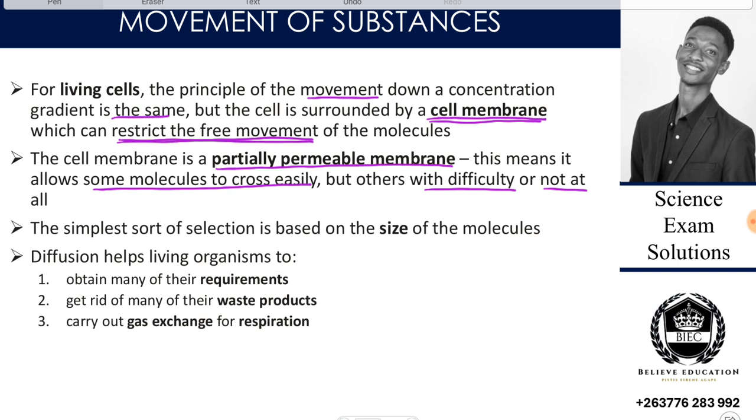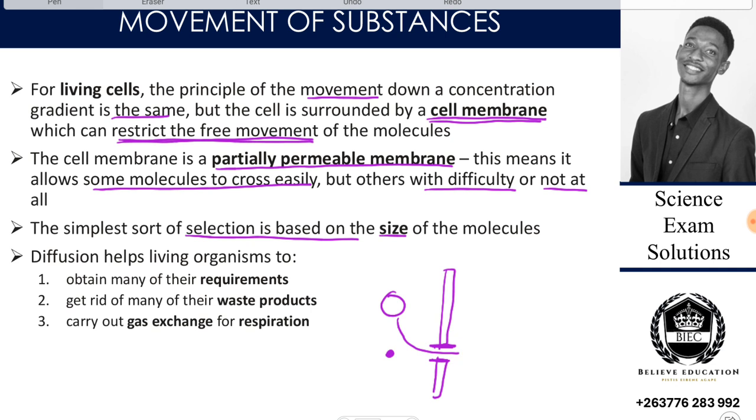Are we together? Then the simplest sort of selection is based on size. So when we talk about size, let's say, for example, we have a hole, we have our membrane, and our membrane has a hole in it. So we are saying we have a small molecule, and a bigger molecule. You find that this small molecule can move through this hole easily.